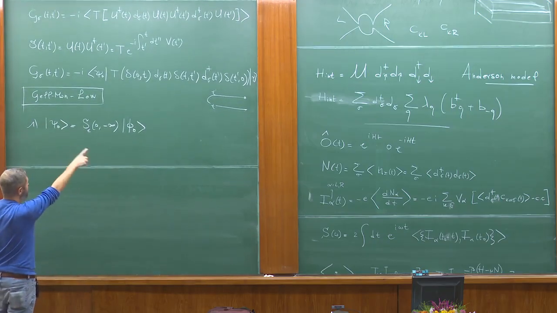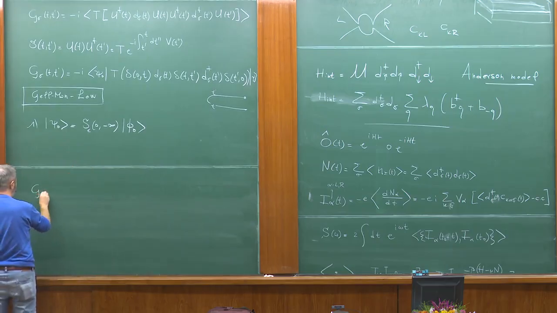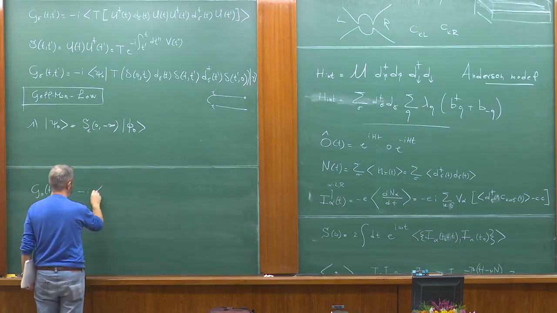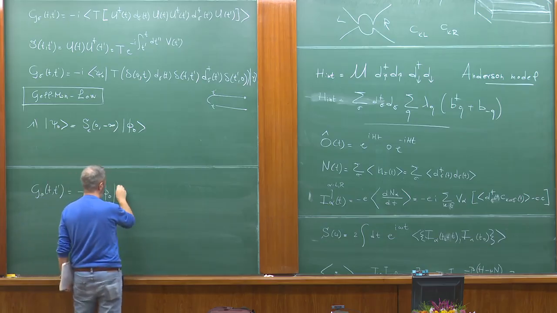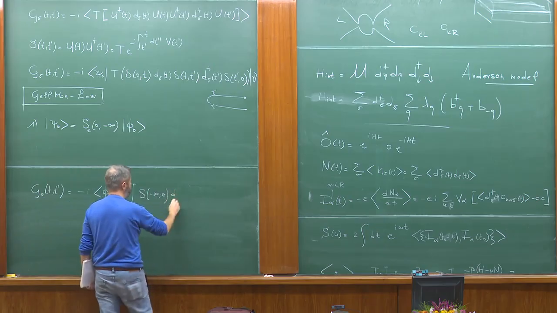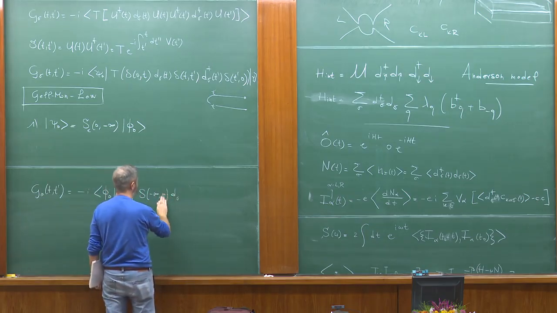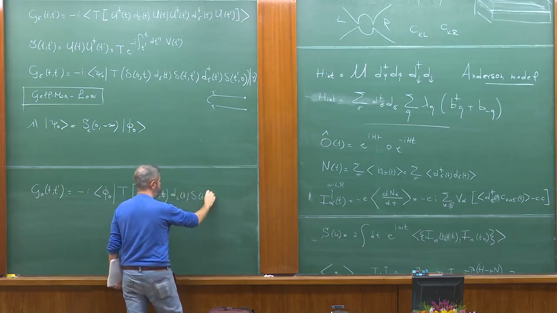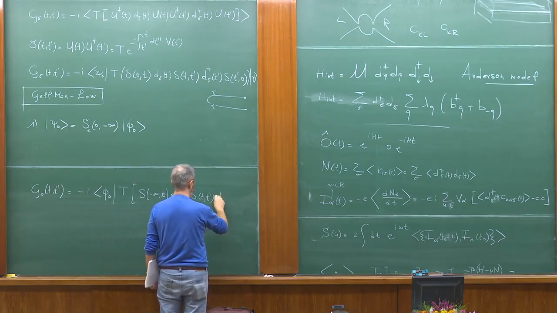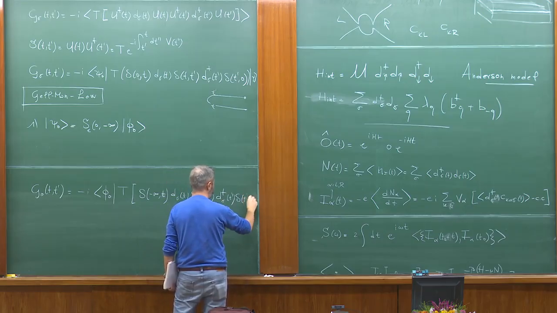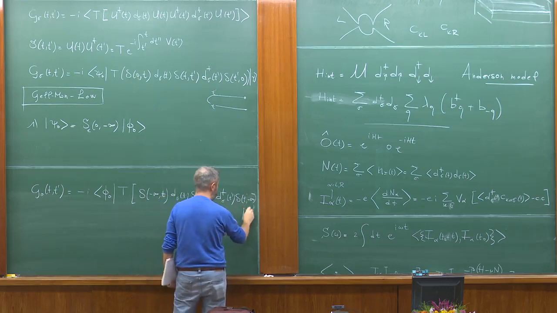Applying it to the formula there, what I get is that my G naught (t, t prime) is equal to minus i, phi naught, time ordering, S of minus infinity to 0, d(t), S of (t, t prime), d dagger (t prime), and then S of (t prime, minus infinity), phi naught.